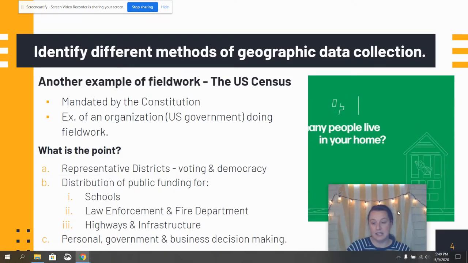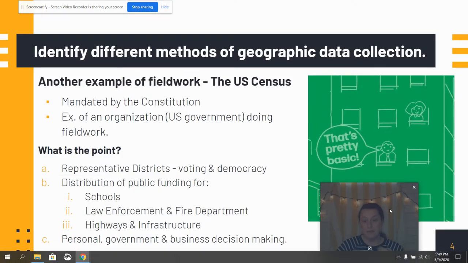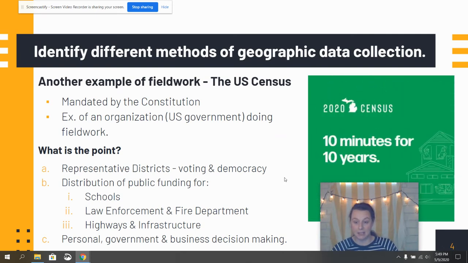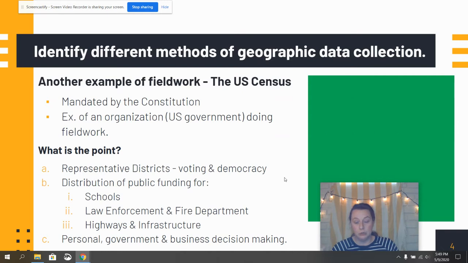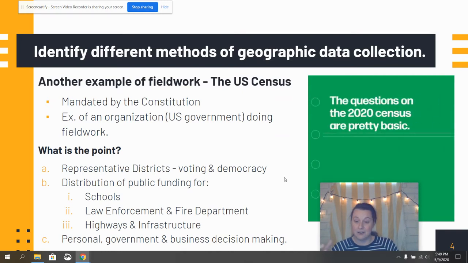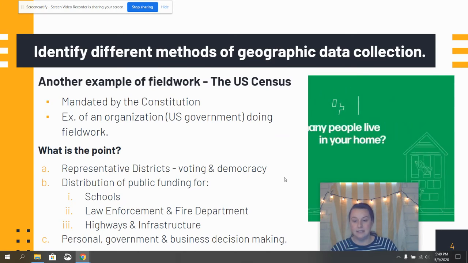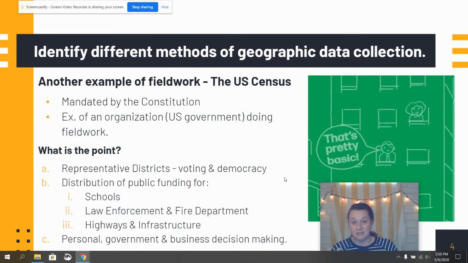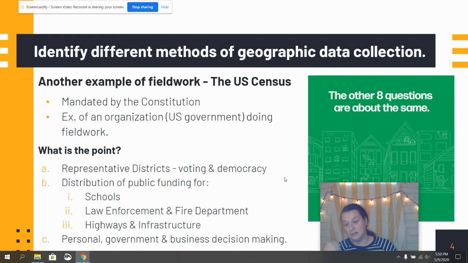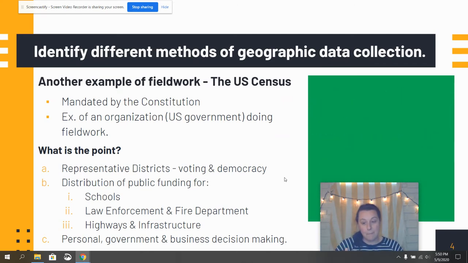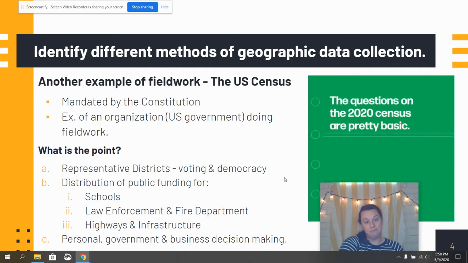So another example of field work, this is a big one that you have to know and we're going to keep coming back to, is the US Census. Now, for my students in my class right now in 2020, this is going to probably be review for you because you and your parents filled out the census starting in about March of 2020.